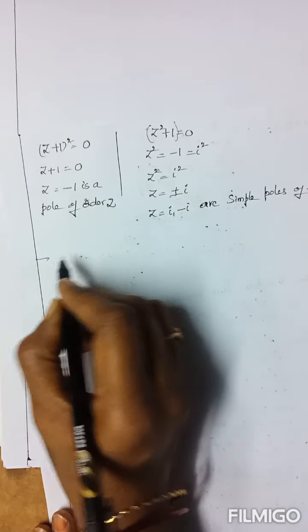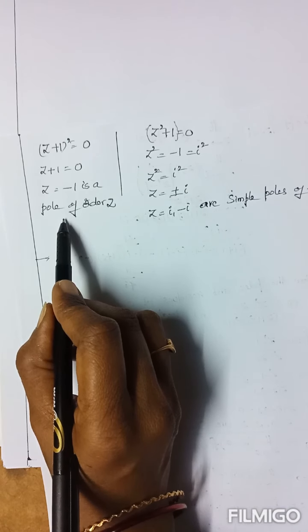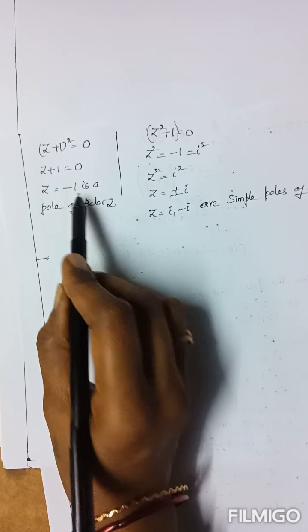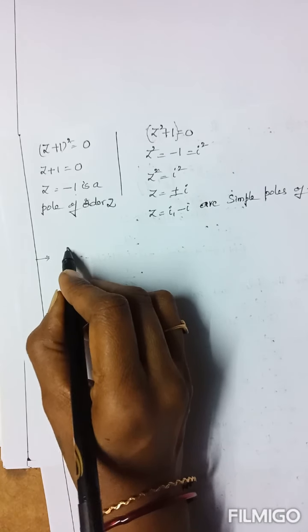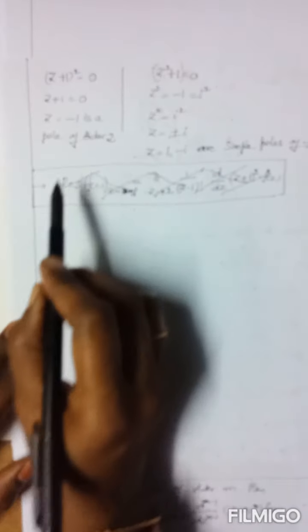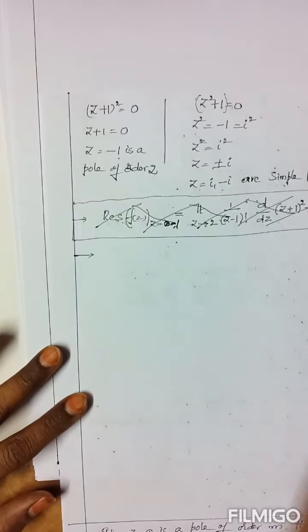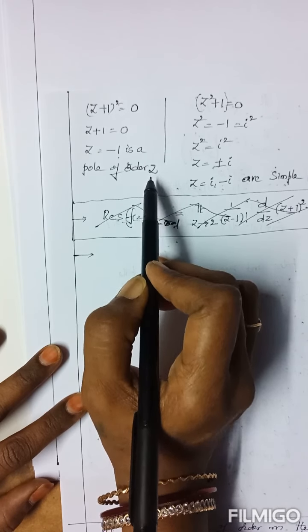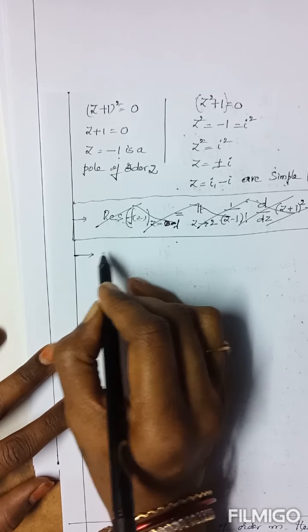Now residue. First we have to define the residue at the first pole z equals minus 1, but the order is 2, so we have to use the corresponding formula.